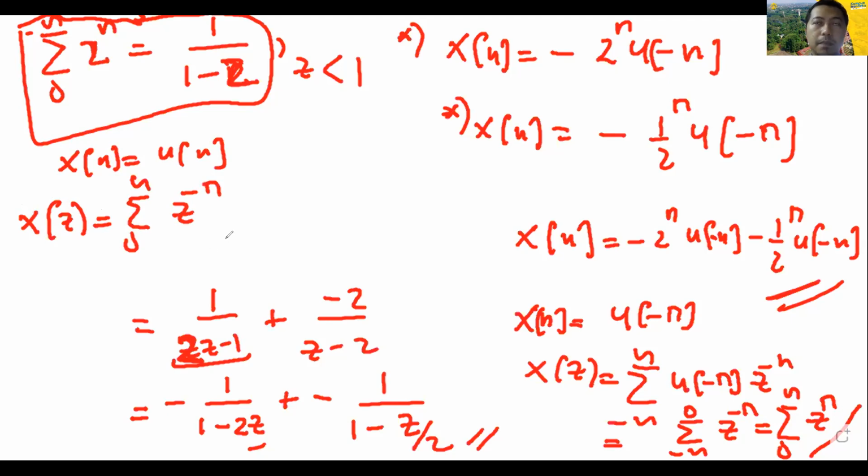And this z minus n will be equal to 1 minus z minus 1. Yeah, that's correct. Okay, that's the point. Why we need to put minus n, not n.